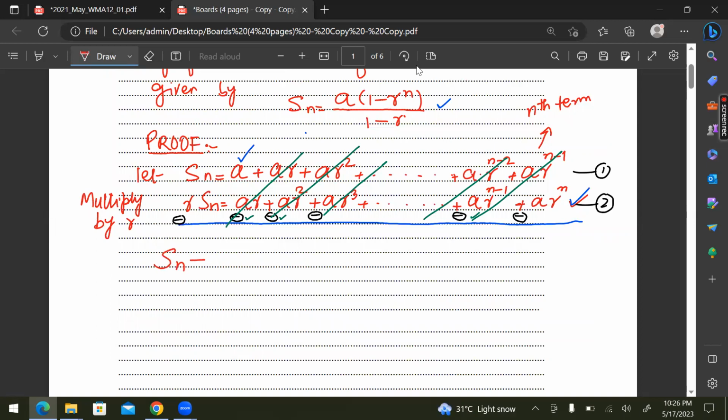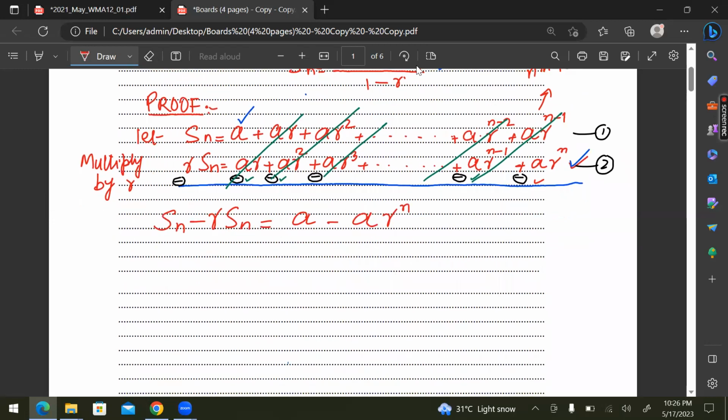So Sn - rSn is equal to a - ar^n. Here Sn is common. If Sn is common, inside is (1 - r) equals a is common, (1 - r^n).